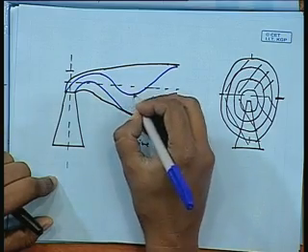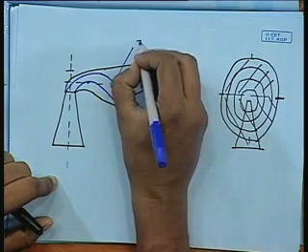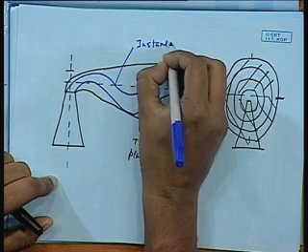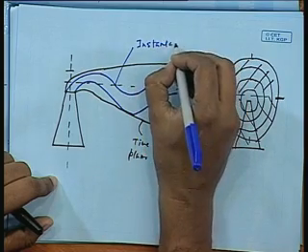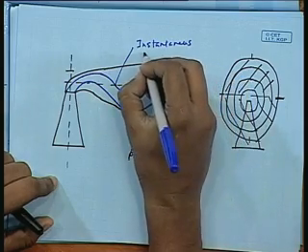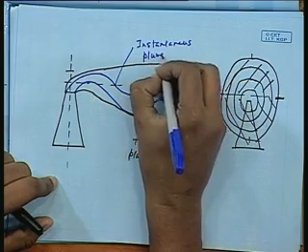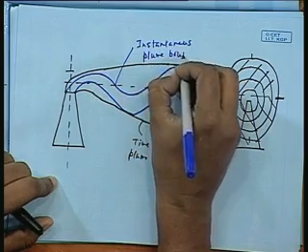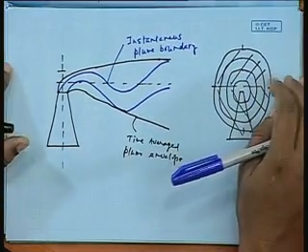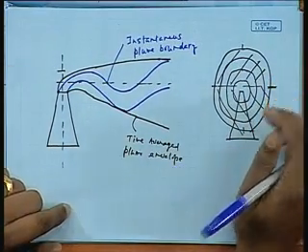This is called the instantaneous plume boundary.